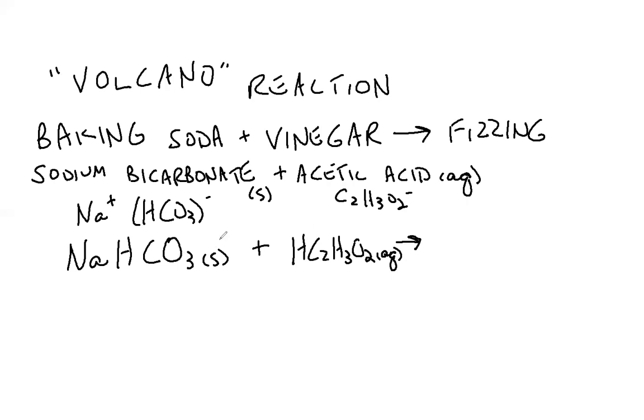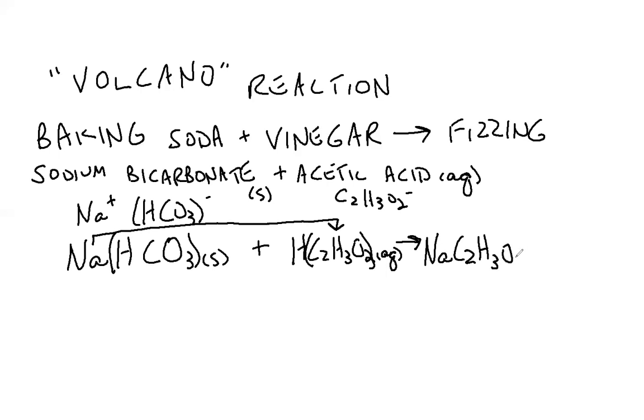I hope you can recognize that this is just a double replacement reaction. So let's put parentheses around these so we can keep this straight. The sodium combines with the acetate, so we get sodium acetate, sodium +1, acetate -1, so it's just NaC2H3O2.